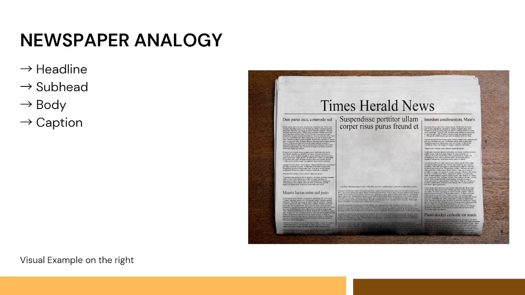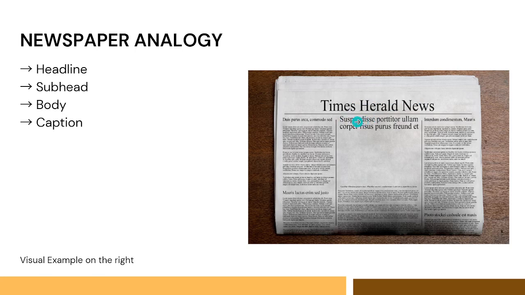Now let's use a newspaper analogy to explain hierarchy. In the newspaper analogy, we have the headline, the subhead, the body, and the caption. This is the headline, and it shows Times Herald News. And this is the subhead.